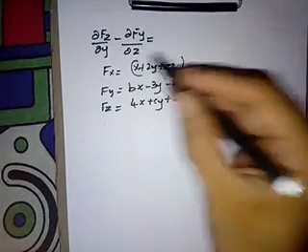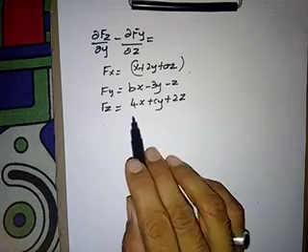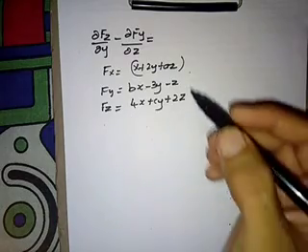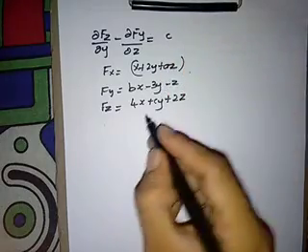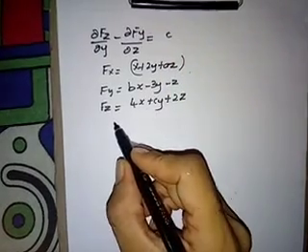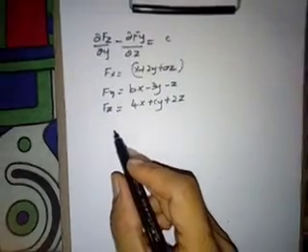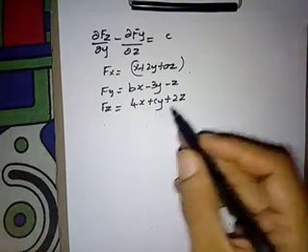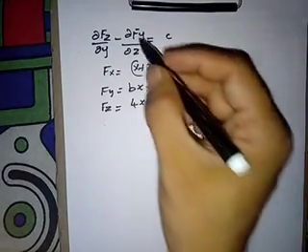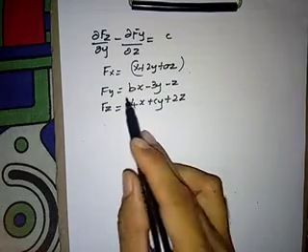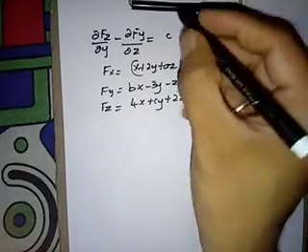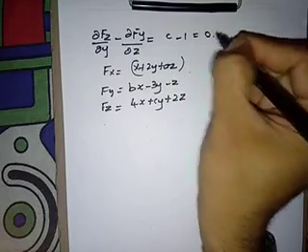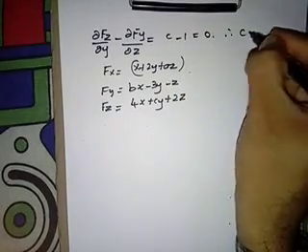So dou fz by dou y: let us differentiate this with respect to y. x with respect to y is 0, z with respect to y is 0, and cy differentiated with respect to y is c. Then minus dou fy by dou z, differentiating with respect to z, this will be minus 1. This is equal to 0, therefore c is equal to 1.